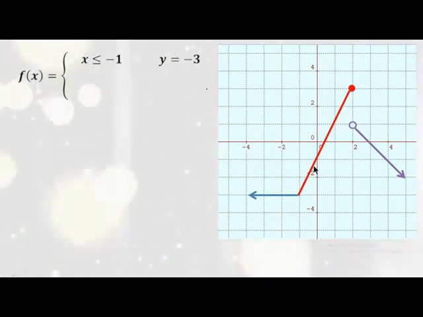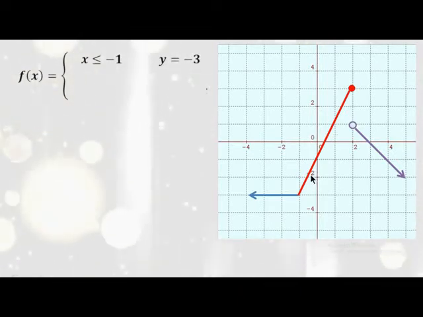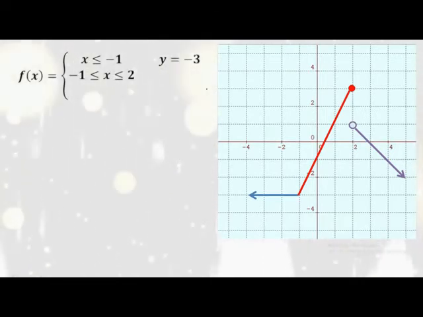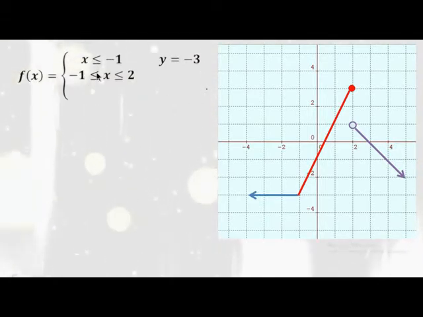Let's assume this is the second line. The domain starts from negative 1 till 2. So x greater than or equal to negative 1, less than or equal to 2. But as you can see here, there is a filled dot at the edge of this line.